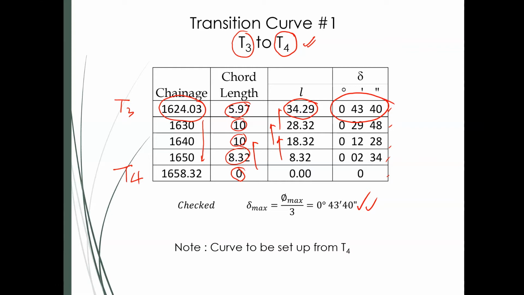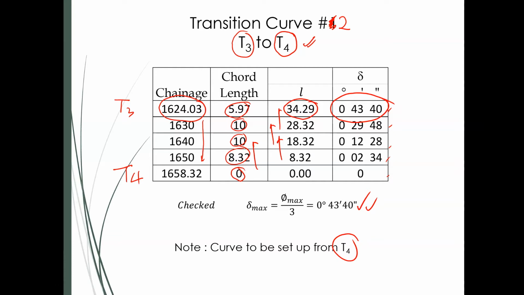So remember, the second transition, again I made a mistake, that should be number 2. The second transition would be set up from T4.